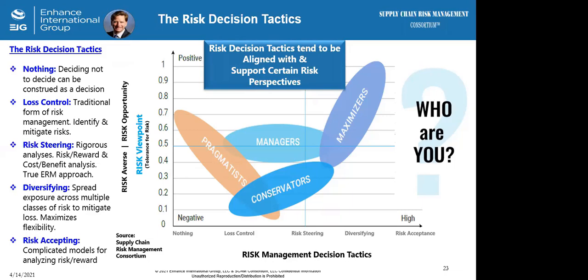And then as we move to risk acceptance, now you're getting into these complicated modeling analysis, risk reward, profit and loss. And these are the exemplars that are masters at taking on risk as an opportunity to outmaneuver the competition and capitalize on times when risks are high. So remember, there's no really right or wrong here. They are all different.